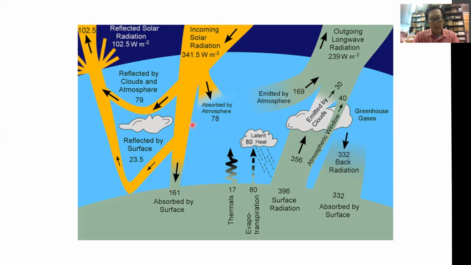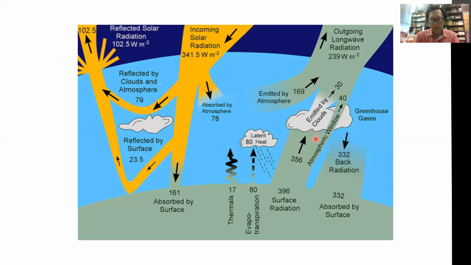Now, once the sun's energy gets absorbed, it gets re-emitted as heat, infrared radiation. And the infrared radiation can then get absorbed by greenhouse gases, and we have CO2 in the atmosphere, and that actually keeps the planet warm. Actually prevents it from freezing. Of course, with too many greenhouse gases, it gets too hot.